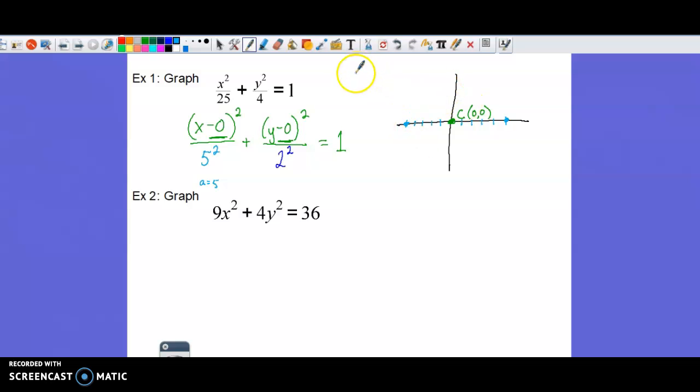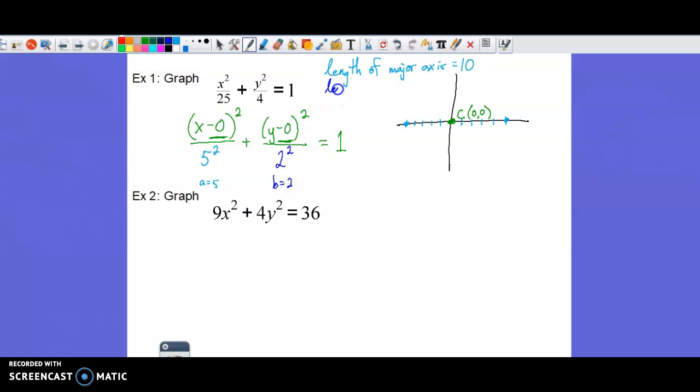And by the way, when you get to a more difficult math class in college, they might ask you for the length of the major axis. I don't know if I will ask you this question or if this book will. But for the record, the length of the major axis is double that number, so it's actually 10. If you're wondering how I knew that was the major axis instead of the minor axis, that number was larger than this number, where the b value is 2.